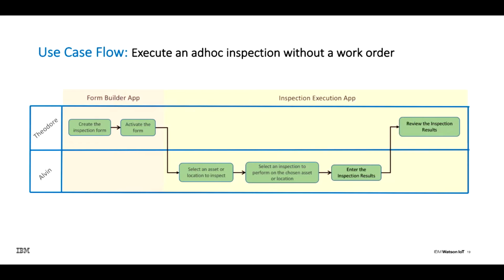We also have Alvin, the inspector persona, who is in charge of taking this form and going to the field to collect these results. In the end, the results are available, so even Theodore or Alvin can take a look at the results based on the completed inspections.